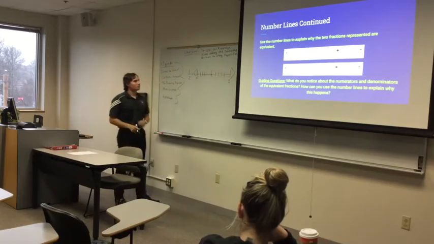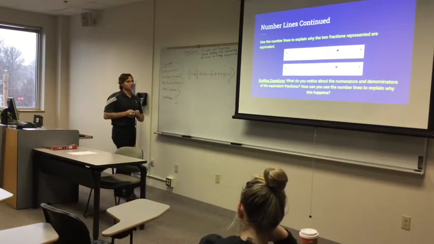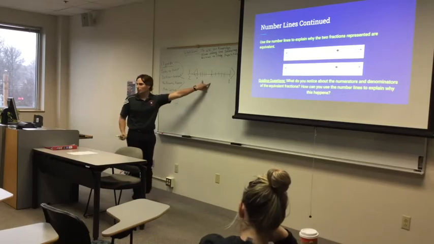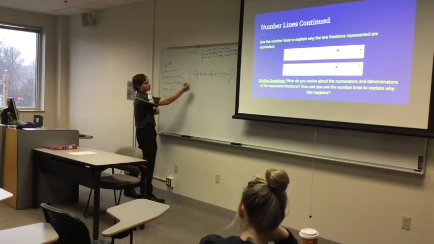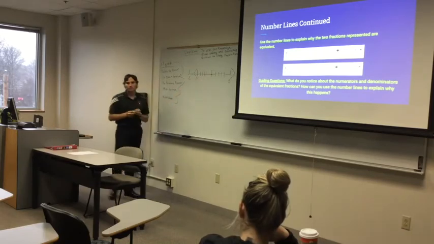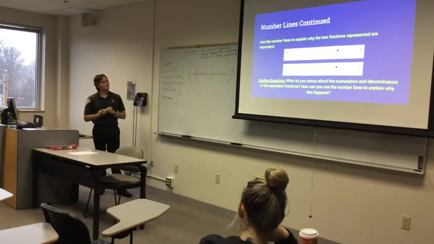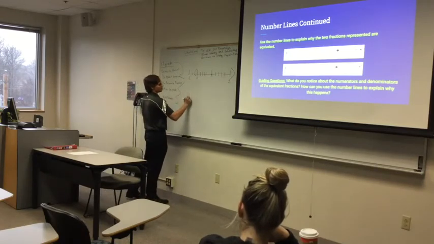Okay, so what Sam did was good. She made sure to put the tick marks equally across my number line. So how many tick marks do we have now between 0 and 1? 10. Good. So that number becomes the denominator of our fraction.